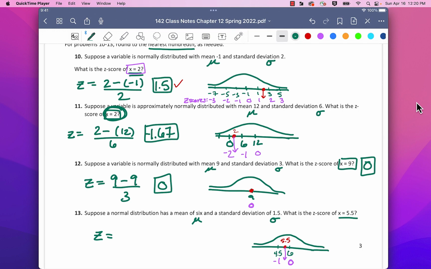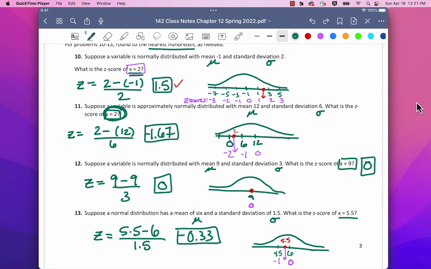The x value is 5.5 minus the mean, which is 6, over the standard deviation, which is 1.5. Again, rounding to the nearest hundredth, we're going to get -0.33. And if I go back to my sketch, it certainly looks like that fits in with the picture that we created previously. All right, let's keep going.